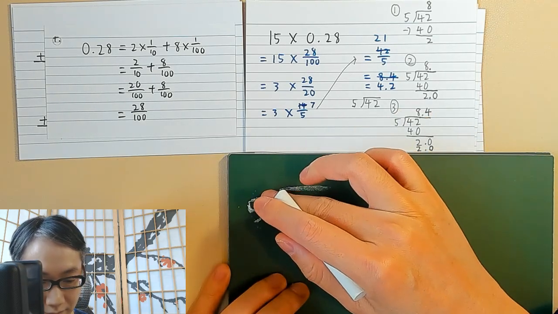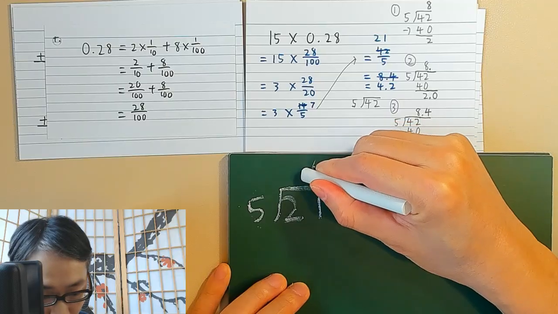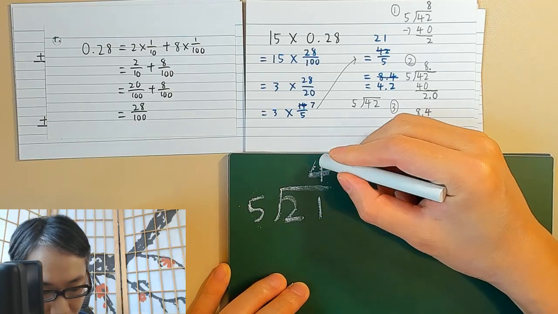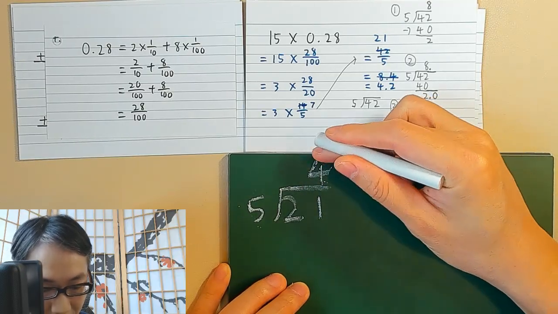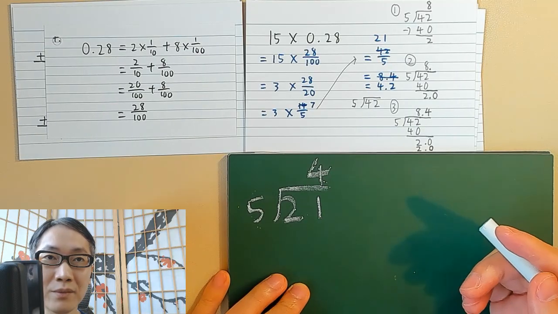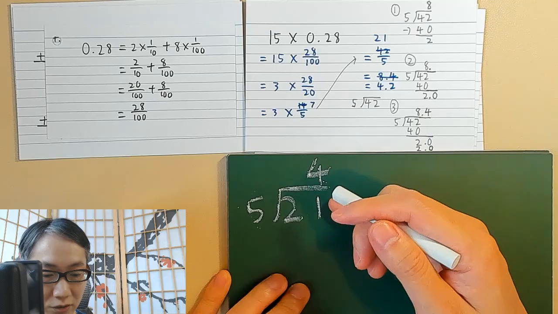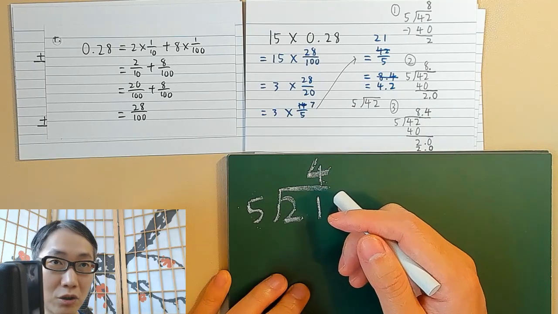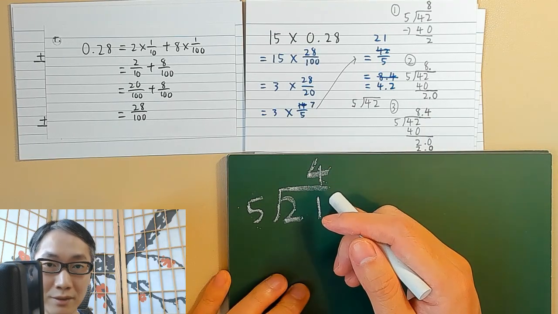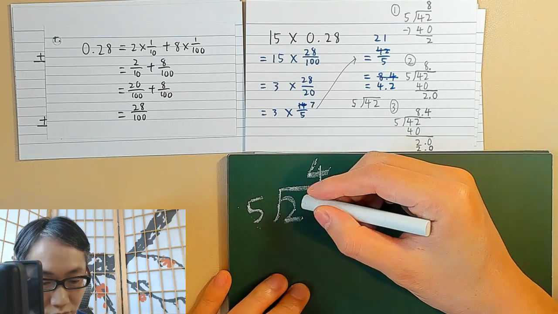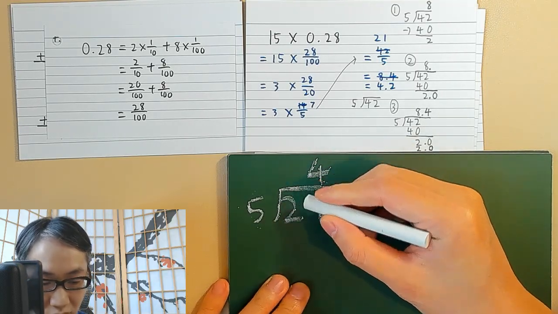Then this is a 4, because 4 times 5 is 20, the largest number closest to 21 but smaller than 21.